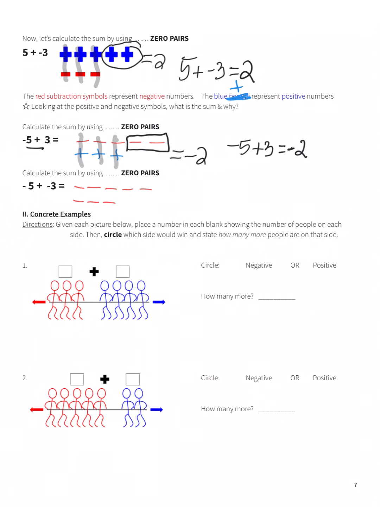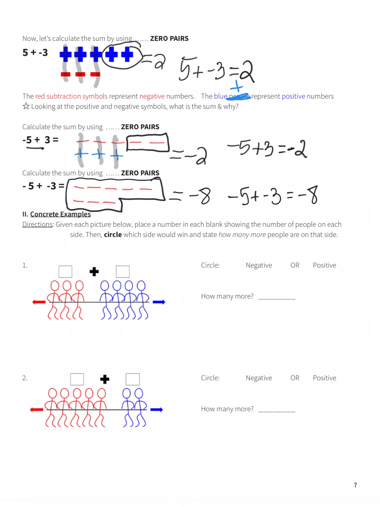So everything here is your answer. So negative 5 plus negative 3 is equal to 1, 2, 3, 4, 5, 6, 7, 8. We can see these are all negatives. So negative 5 plus negative 3 is equal to negative 8.